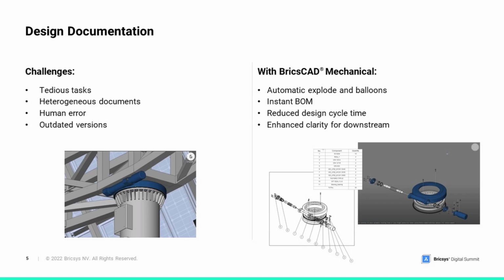Automatically created design documentation will reduce error and enhance clarity in downstream processes. By improving documentation processes, engineers are less upset and more focused on solving design problems and making valuable analysis.